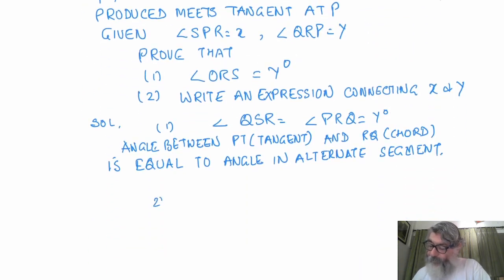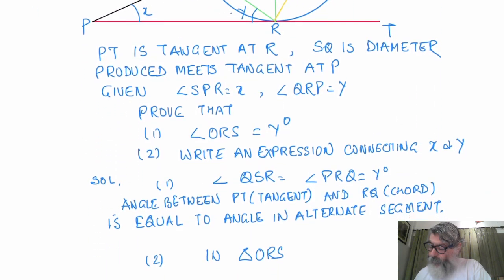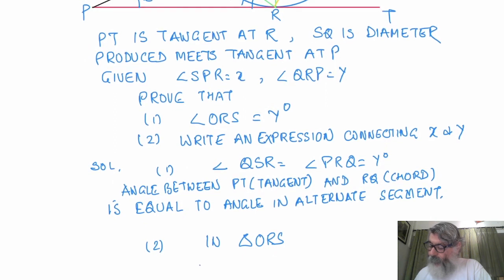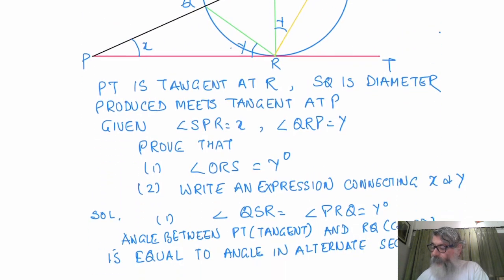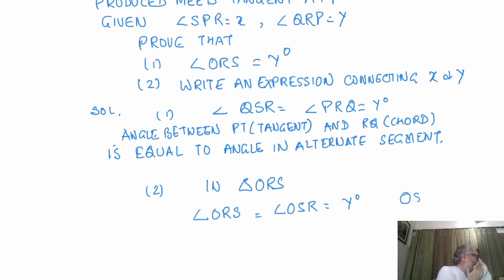In triangle ORS, angle ORS is equal to angle OSR, which is equal to y, since OS is equal to OR.